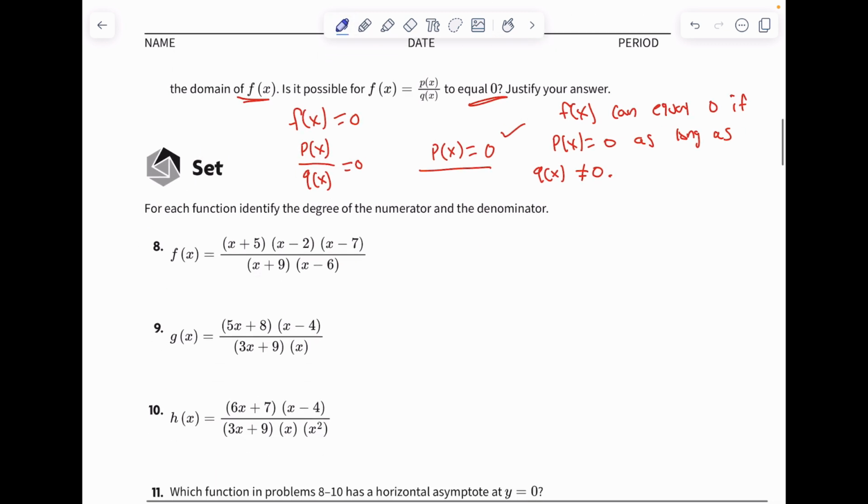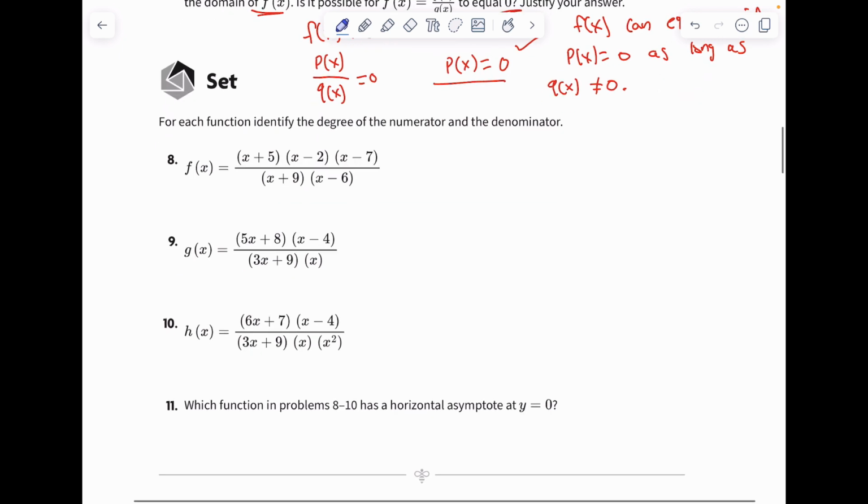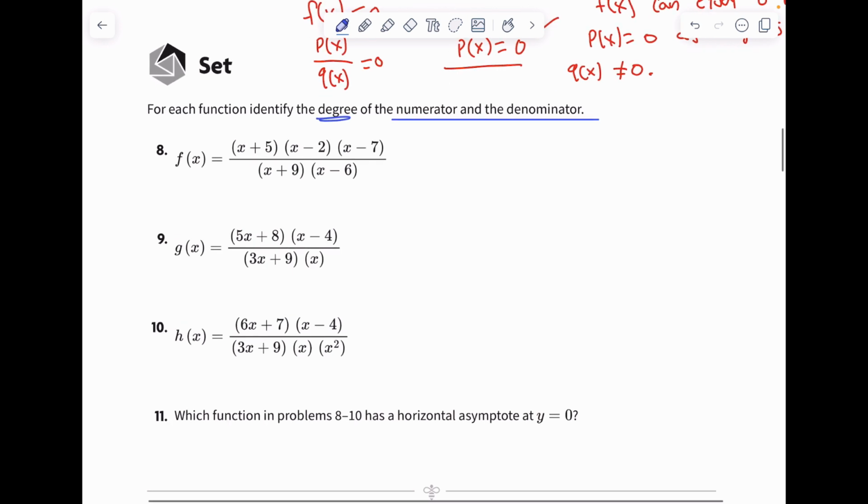Let's think about our set. For each function, identify the degree of the numerator and the denominator. How are we going to do that? Here the powers are 1, 1, and 1, so the degree is 3, because you add them up. So the degree of the numerator is 3, and the degree of the denominator is 1 plus 1, which is equal to 2.